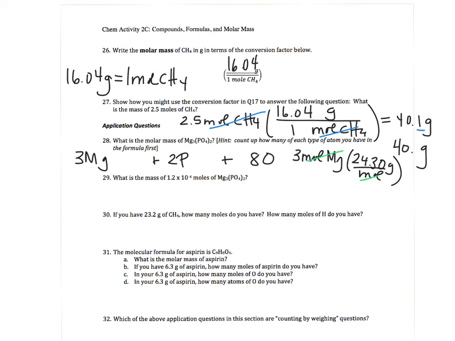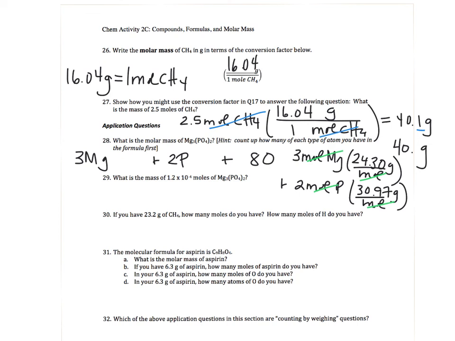So the moles are going to cancel. That's going to be grams of magnesium, plus 2 moles of phosphorus. And phosphorus on the periodic table is 30.97 grams per mole. And again, the moles will cancel.